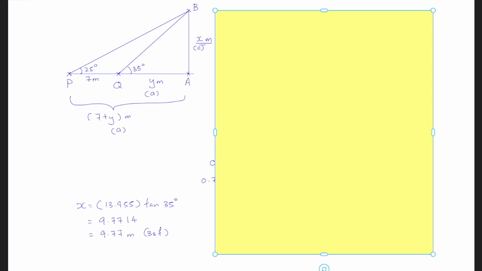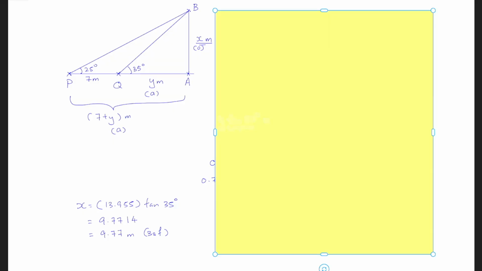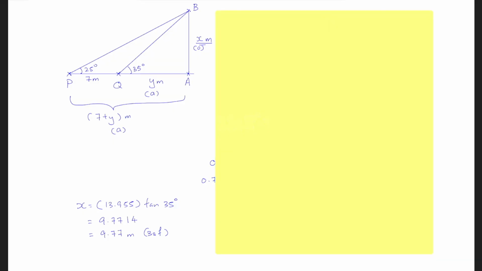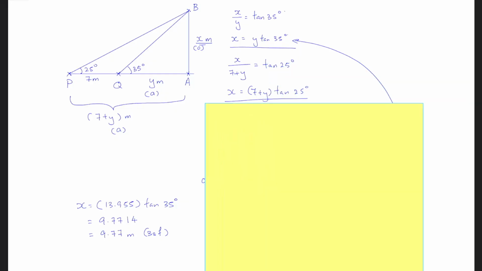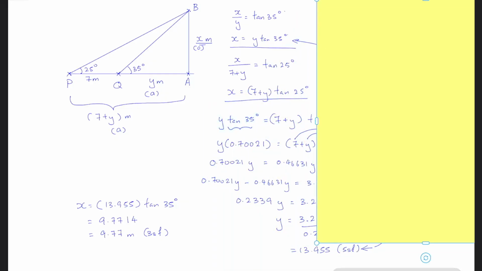Actually, you can skip all that, okay? But the working will look a bit complicated. I hope you can bear with me. Okay, so we can write this. We are going to use back these two equations that we have come up with here. Let me just copy this down first.